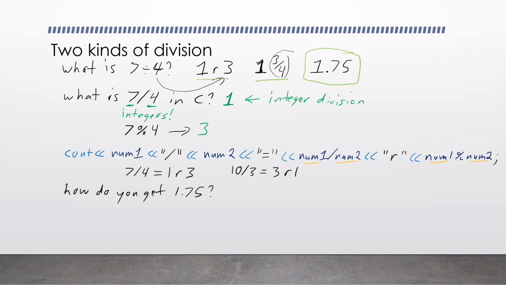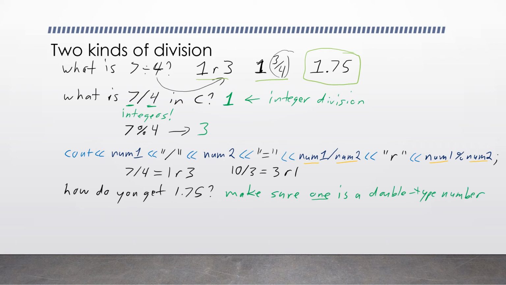And the way you do this is you make sure one of the arguments to the division operator is a double type number.